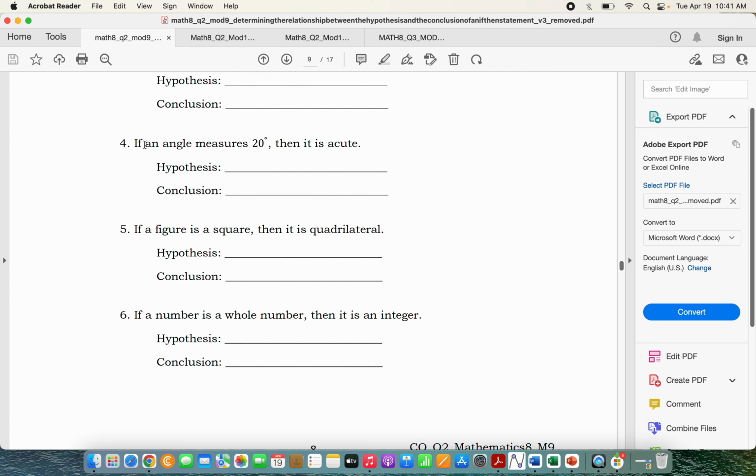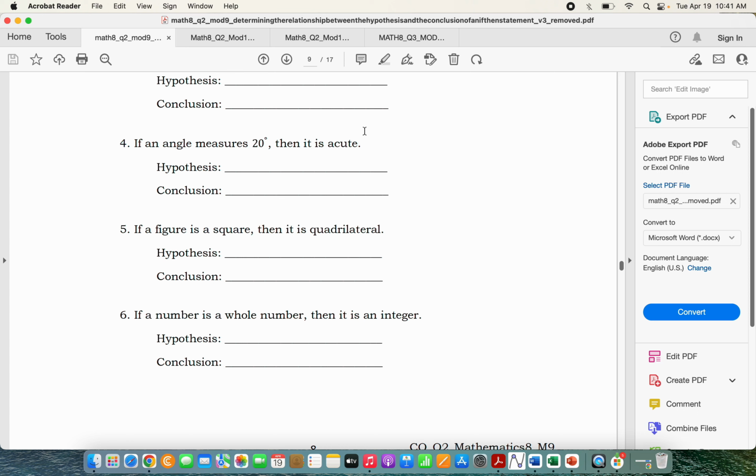For instance, ibahin natin. If an angle measures 20 degrees, then it is an obtuse angle. So, the conclusion is false. Di ba? Kasi 20 degrees ang given na angle, pero ang conclusion niya, obtuse angle daw siya.